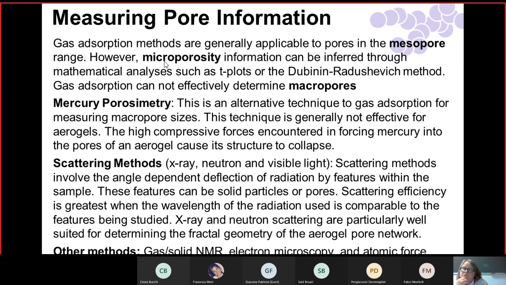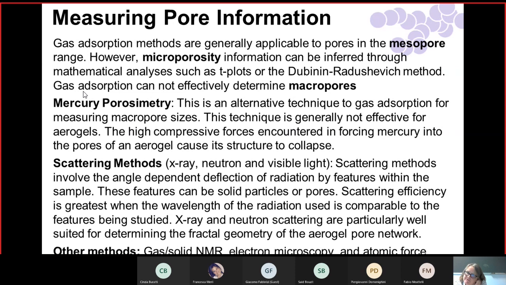I won't talk much about that, but you can't really use it for macropores. So in some of the first studies we did, we got pore volume, and then we calculated porosity, and there are missing pores, because we can't really estimate the macropore size. There are techniques for doing that, and one is mercury porosimetry.